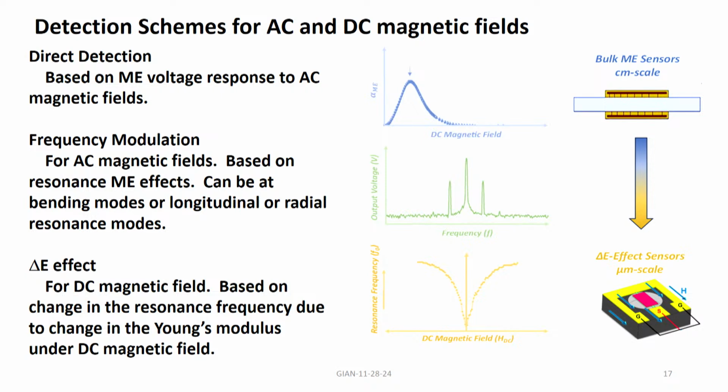Now, this is okay, because for 1 Oersted of AC field, you may generate a few hundred millivolts of signal. So, the detection is rather limited, because the signal you are getting from the sensor is only millivolts, correct.